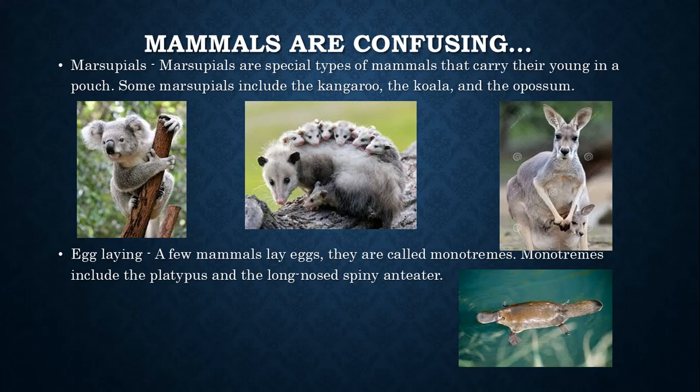And now you're confused because I said that mammals have live young, but there's only a few mammals that lay eggs. The platypus is one of them. And the reason why the platypus is not a bird or a reptile or a fish is because the babies need milk, it has some fur, and it has lungs.